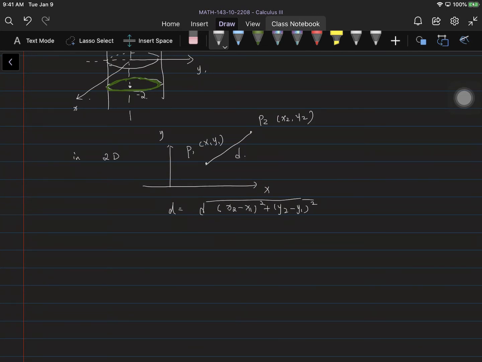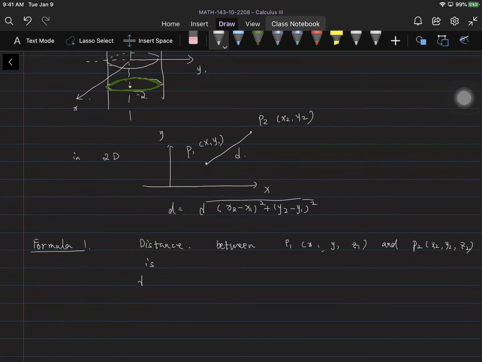So in 3D, we have a similar thing. So here we say formula 1, distance between 2 points. And right now the 2 points have x, y, z coordinates, right? P1 is x1, y1, z1 and P2 is x2, y2, z2. It is given by this one.